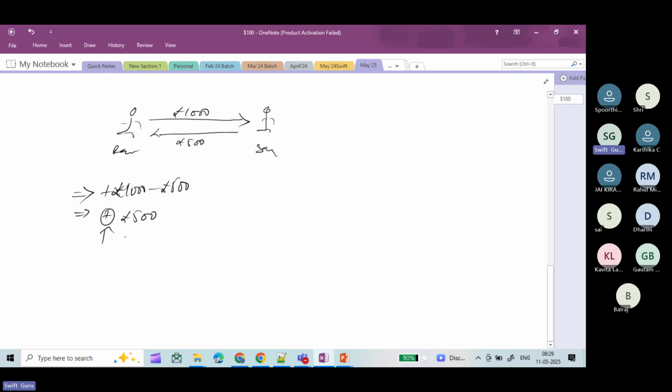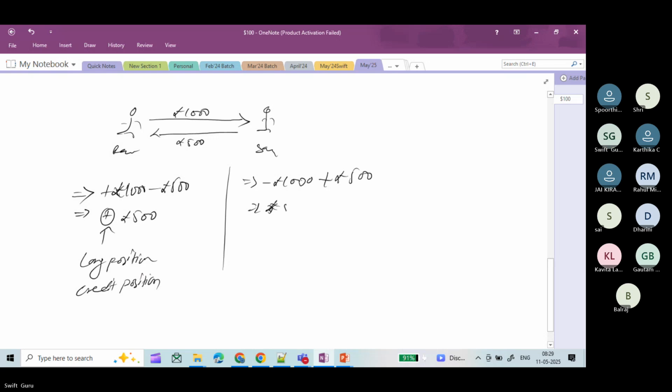So this plus position is called a long position, or it is also called a credit position in terms of the clearing language. Whereas from Sam's point of view, this is minus 1000 plus 500, which is equal to minus 500.